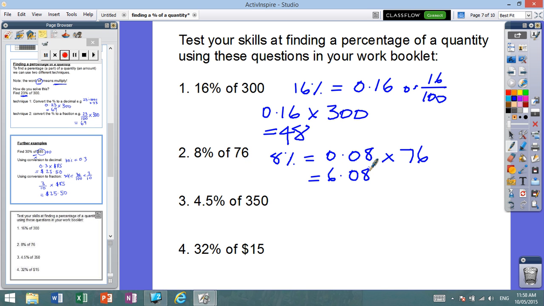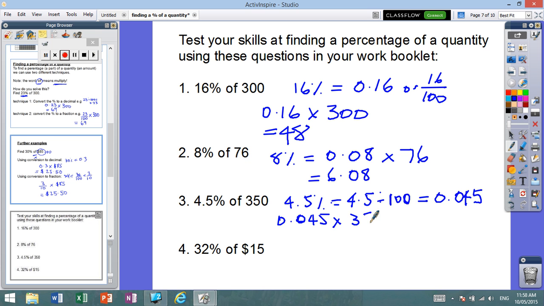Now we've got 4.5%. 4.5% as a decimal is equal to 4.5 divided by 100, because that's how we convert, which is equal to 0.045. Okay, so 0.045 times 350 equals 15.75.